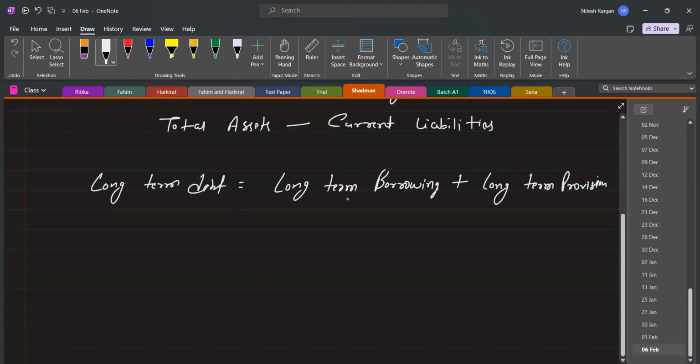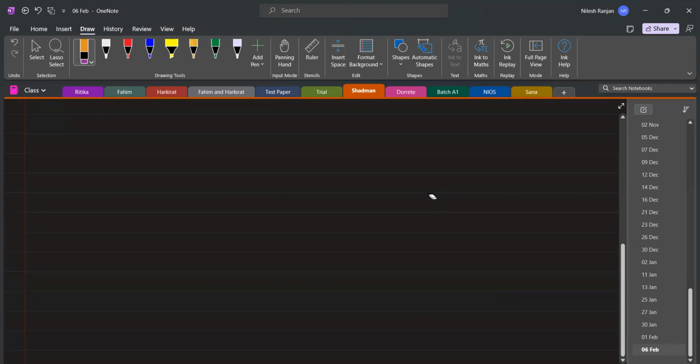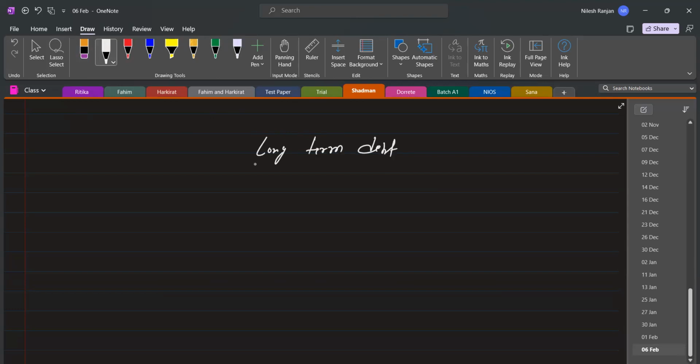Long-term borrowing plus long-term provision divided by, no, not divided by, sorry. Yes. So the formula for debt to capital employed ratio is long-term debt divided by capital employed. Long-term debt divided by capital employed.